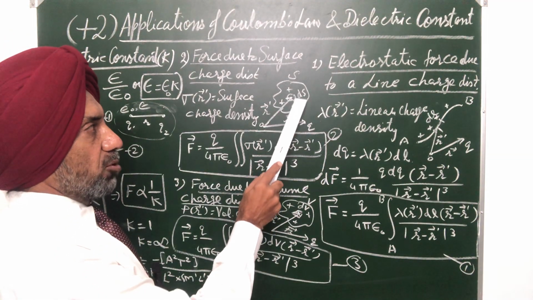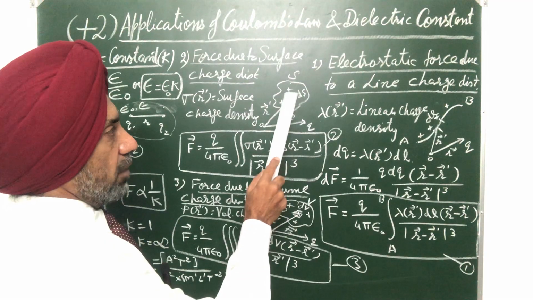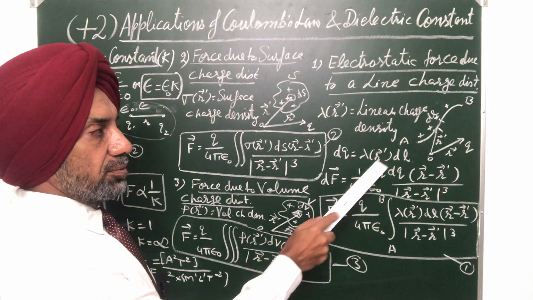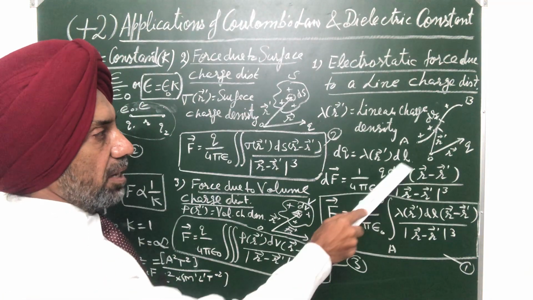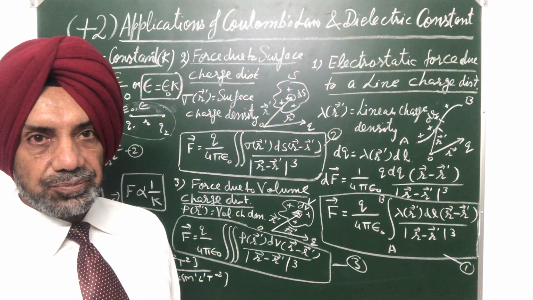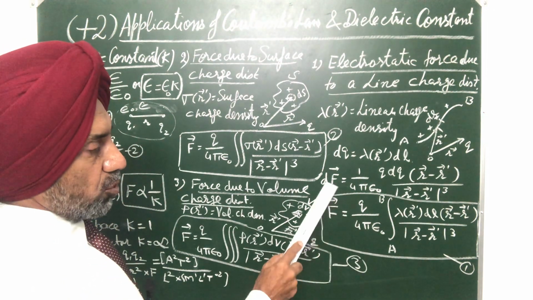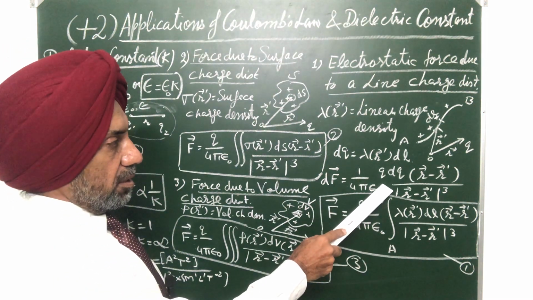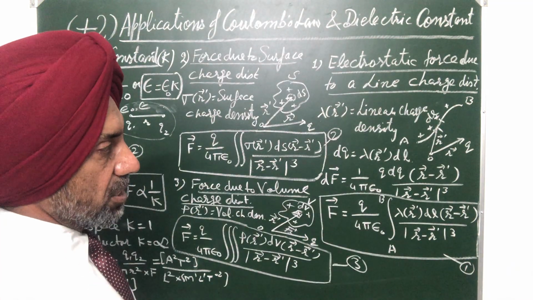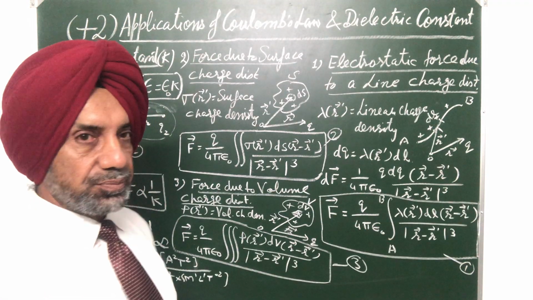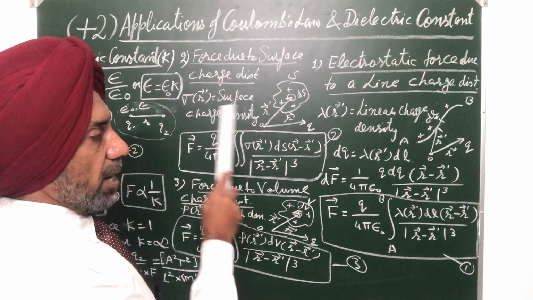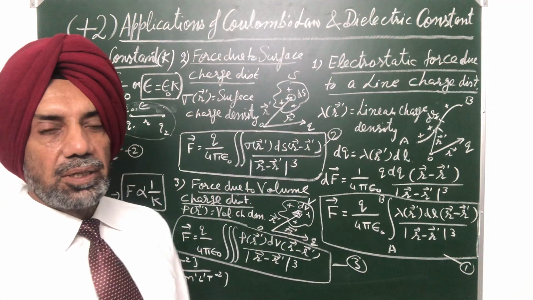Then again, the small amount of charge due to the small area element dS is given by sigma r dash into dS. Instead of lambda we have sigma, instead of dl we have dS. So it will be sigma r dash into dS. So the small force will be, instead of dq, sigma r dash into dS. Everything is the same. Simply change lambda r dash to sigma r dash and dl to dS.